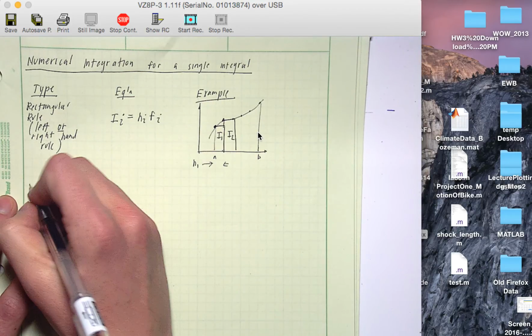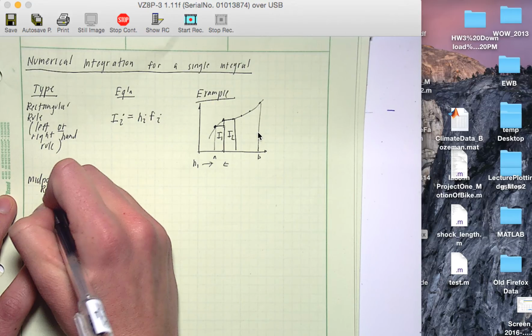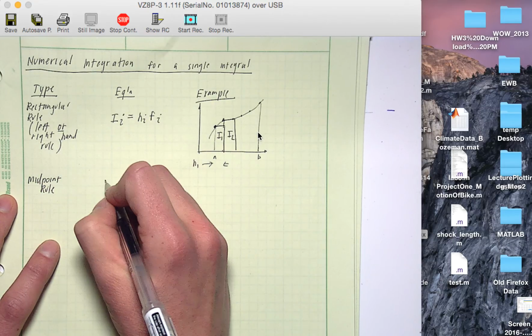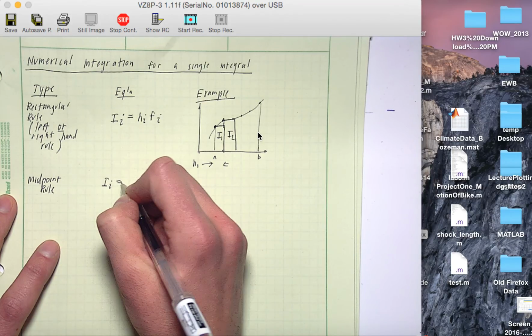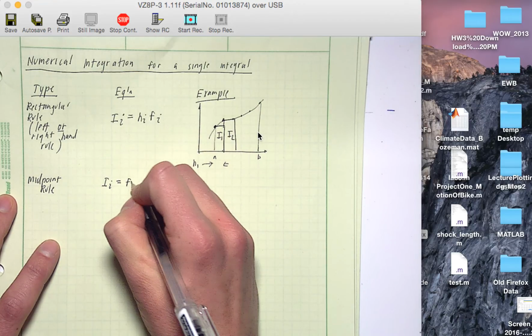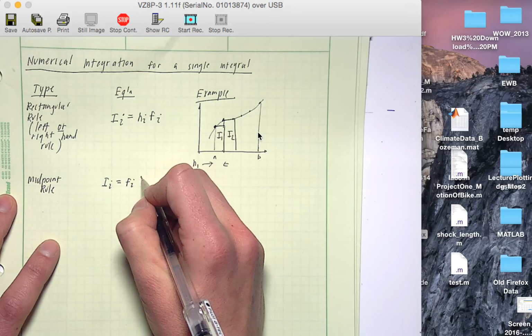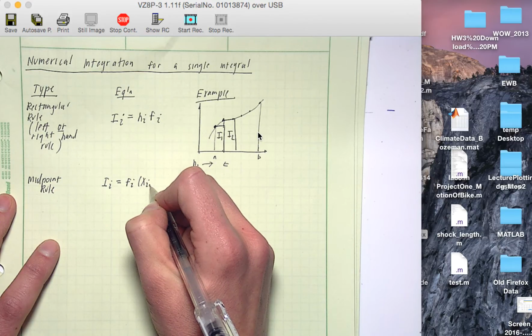The next one is the midpoint rule. This one is probably the most confusing to think about because what it's doing is using a function value and then multiplying it by the width of the 2 points on either side.